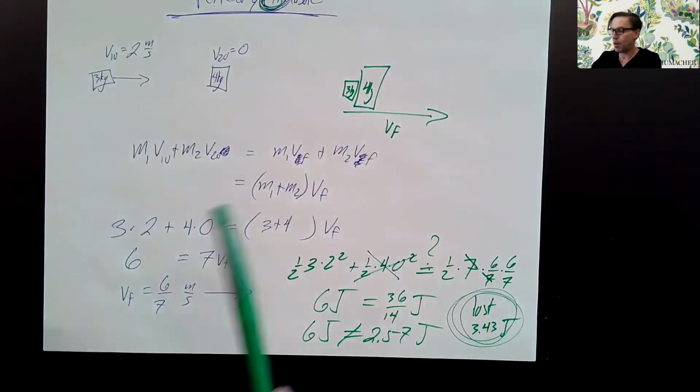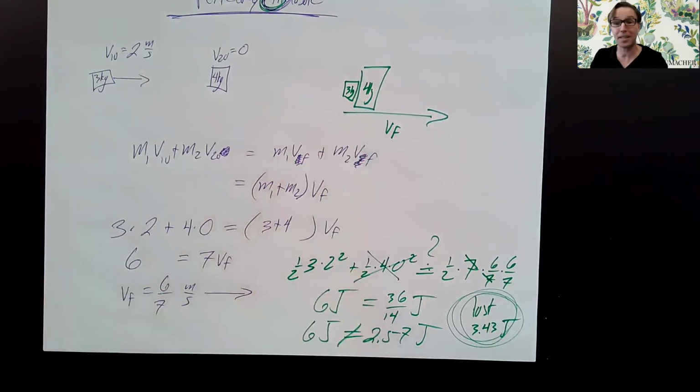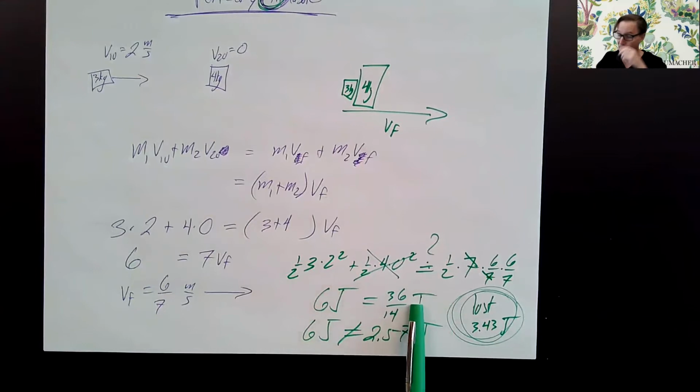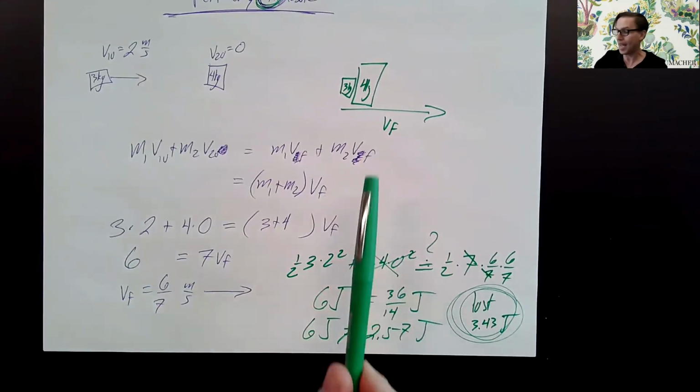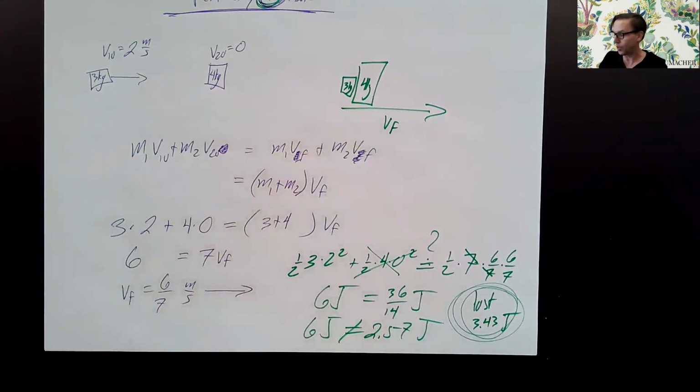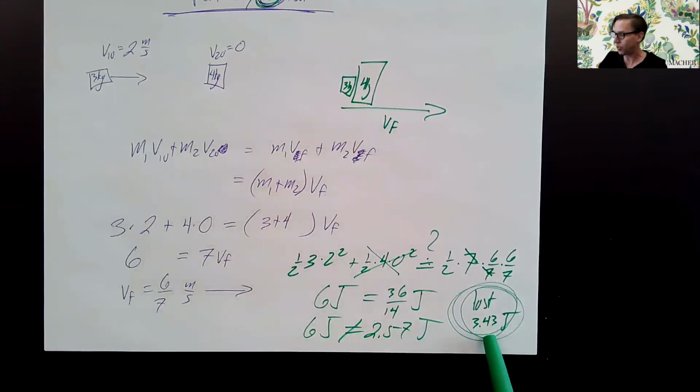In a perfectly inelastic collision, well, it's inelastic. So of course, the original energy and the final energy will not be the same. And in these collisions, we lose energy. How do you find out how much you lose? You subtract what you have at the end from what you had at the beginning.